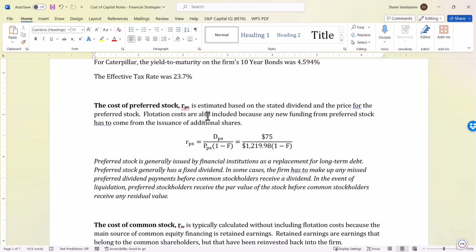issuance for preferred stock. And so if Wells Fargo wanted to go back out again and get more funding from issuing preferred stock, they'd have to issue new shares, and there's a cost associated with that. Flotation cost, what I have right here, are also included because any new funding from preferred stock has to come from the issuance of new shares, and flotation costs are the cost of issuing those new shares.